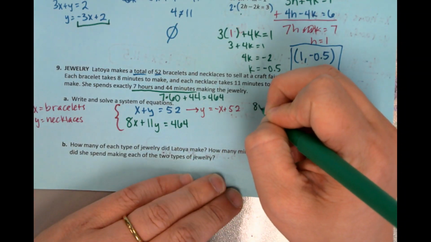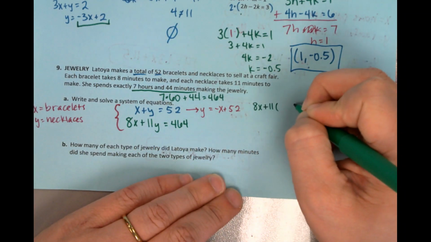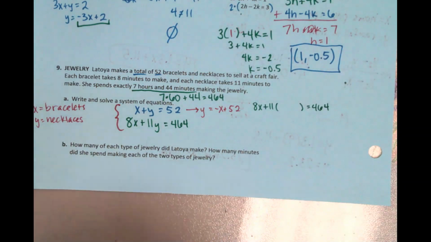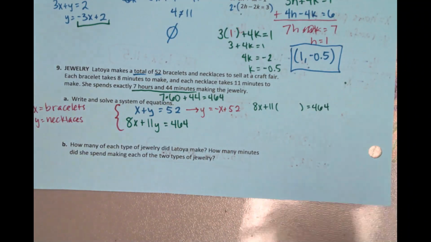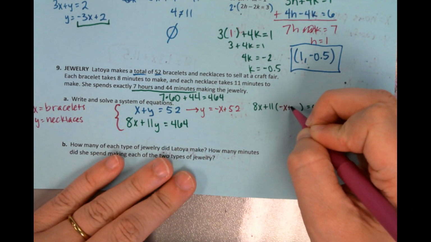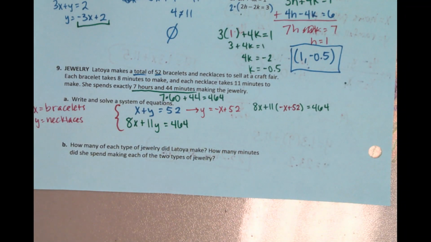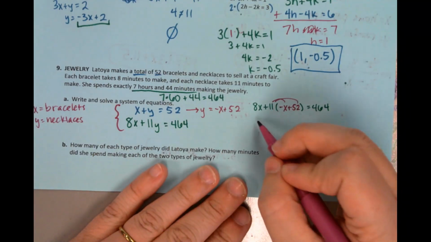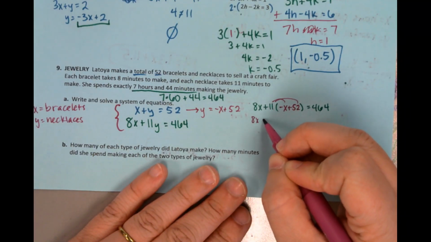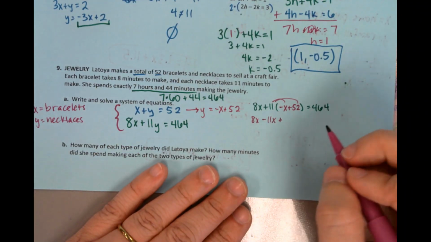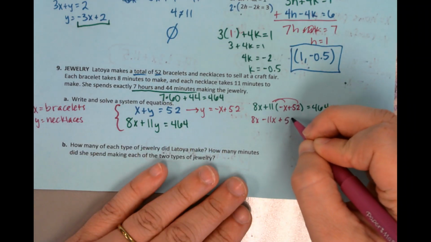So I have 8x plus 11y equals 464. And for y, I got negative x plus 52. So now I distribute. I have 8x minus 11x plus 572.